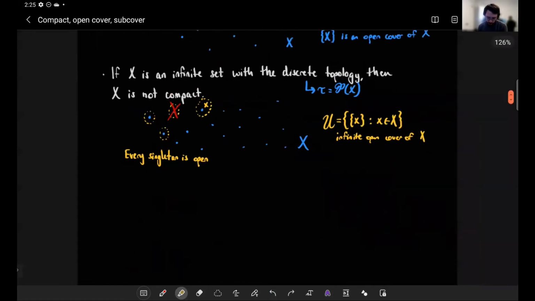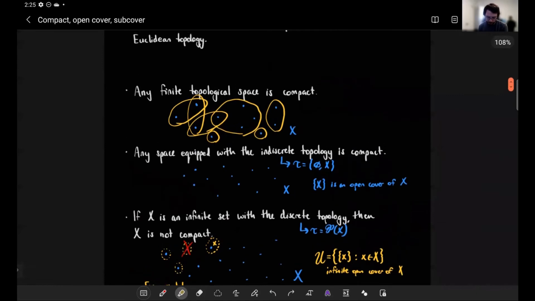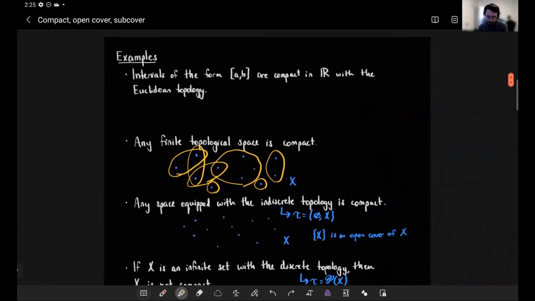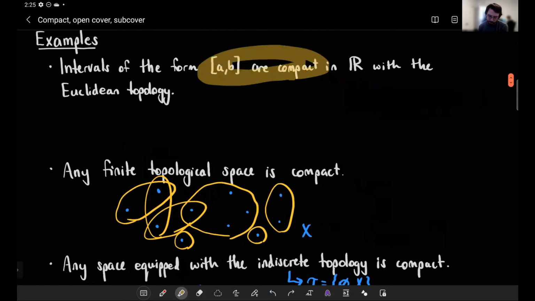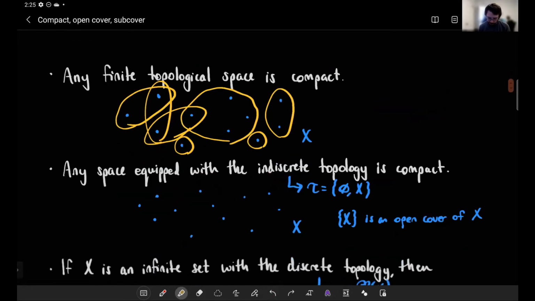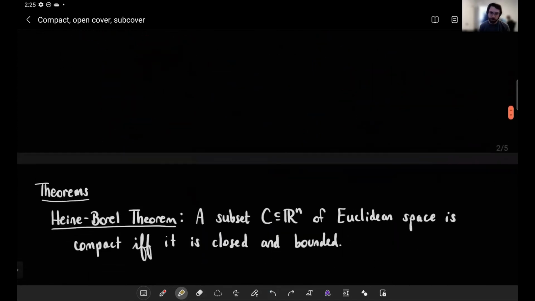There are a lot more examples you can give. Some of them get fairly ugly. Most of the examples you'll encounter in day-to-day life are of this form. If you're working in Euclidean space, even if you're in higher dimensions, that characterization is formalized by what's called the Heine-Borel Theorem, that a subset of n-dimensional Euclidean space is compact if and only if it's closed and bounded.